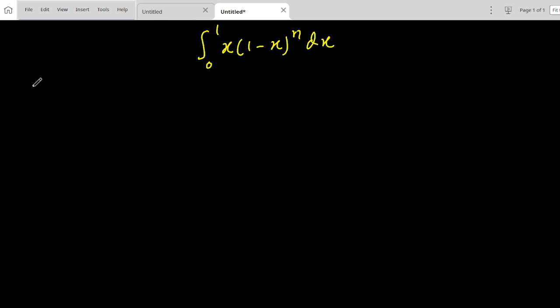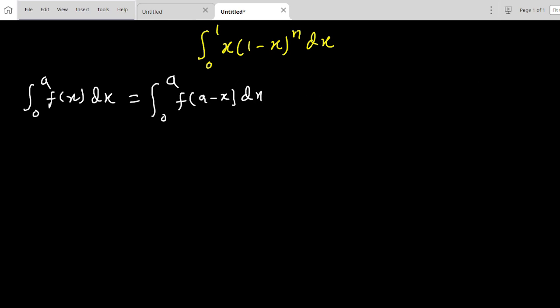Here the property is that the integral from 0 to a of f(x) dx can be written as the integral from 0 to a of f(a minus x) dx. So the concept is to replace x with a minus x, and here we can see the value of a is 1.